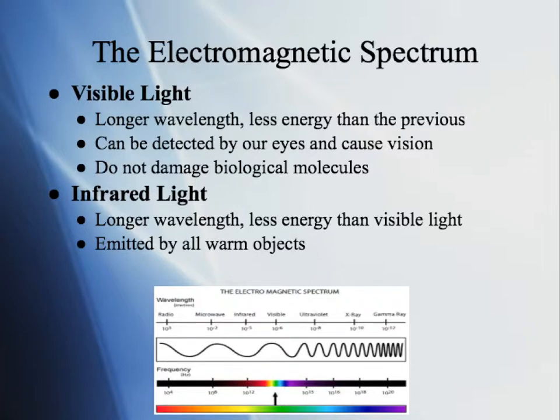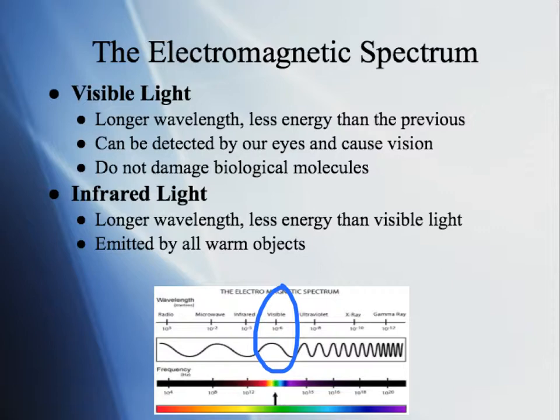In the middle of the electromagnetic spectrum is what we call visible light. Visible light has longer wavelengths and less energy than UV, X-rays, and gamma rays. This is the type of electromagnetic radiation that our eyes detect and that helps us to see.